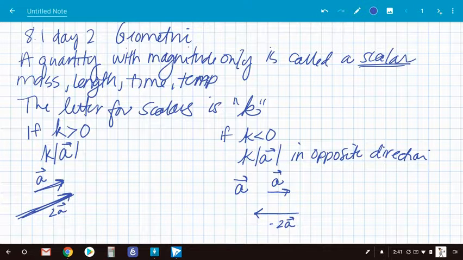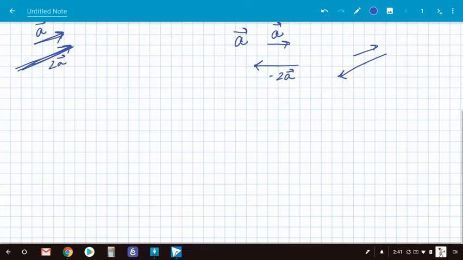So it's twice the distance and going in the exact opposite direction. So similarly, like if I had one like this, then the negative would look like this. Okay, so scalars can make it twice as long, but they don't change the angle unless it's negative, and then it changes the angle to go backwards.